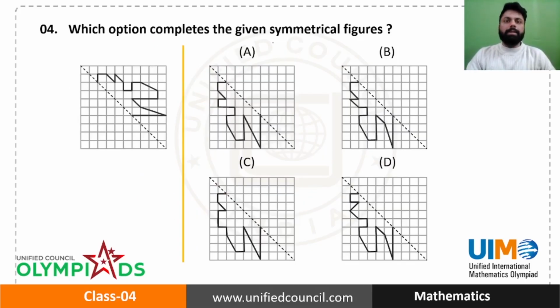Which option completes the given symmetrical shape? So for this, we need to move exactly in the next opposite direction. Then like this. Then it has to be like this. Then like this.